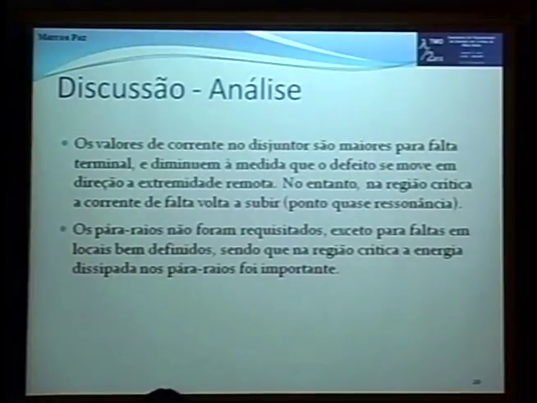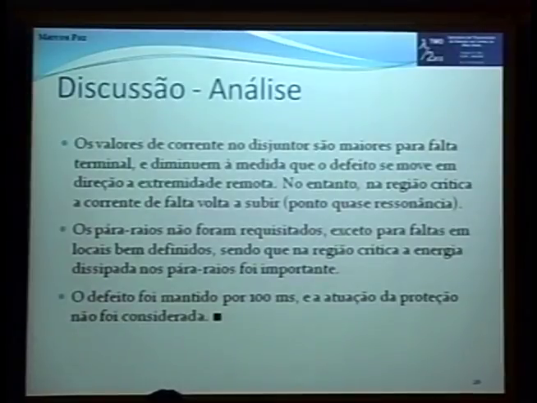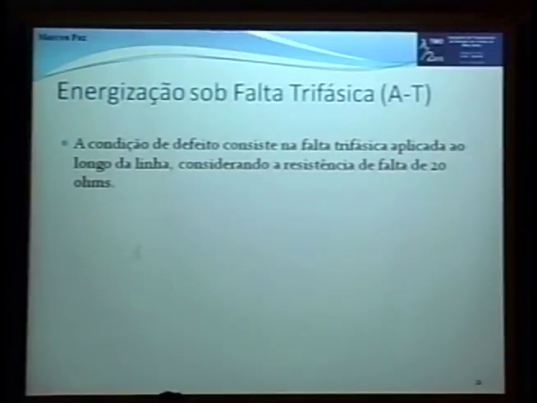These were the two locations where the surge arresters had a considerable amount of energy. The defect was capped for 100 milliseconds. And for these simulations, the performance of protection was not considered. Here we just wanted to verify the maximum overvoltages that might happen.